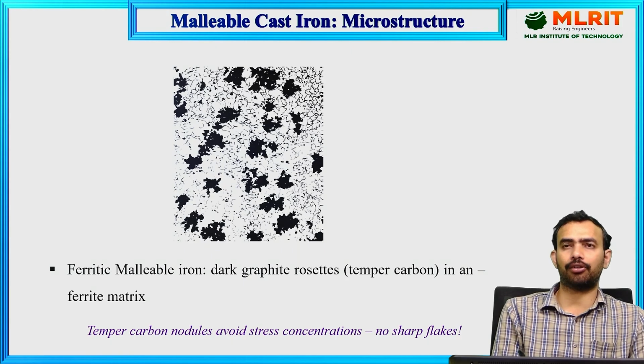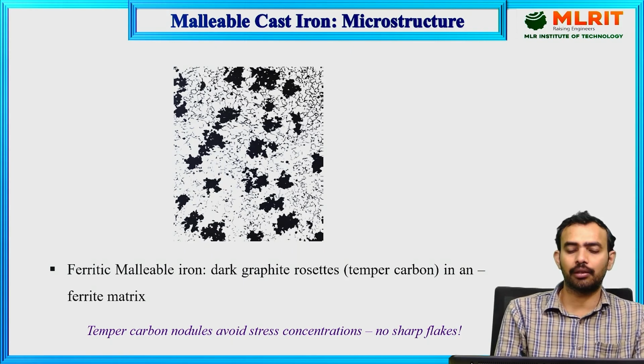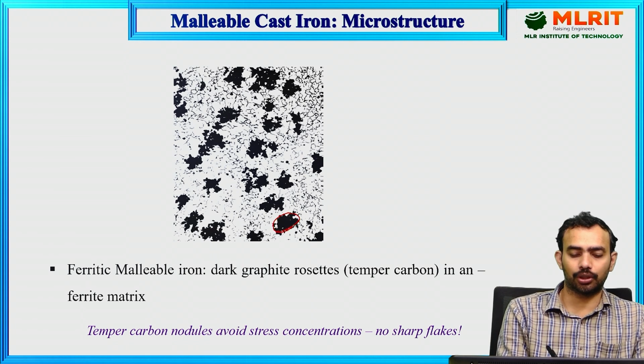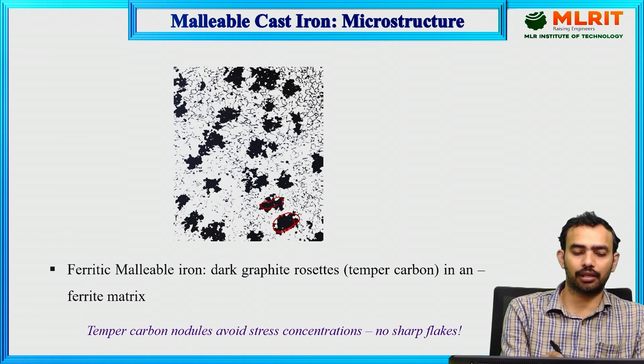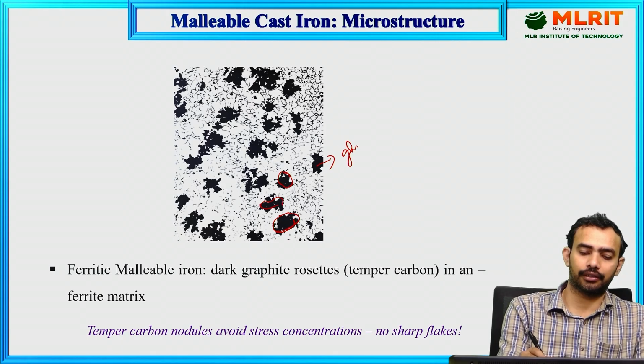So this is the microstructure of malleable cast iron. You can see these are the aggregates. The black regions are the aggregates of graphite.